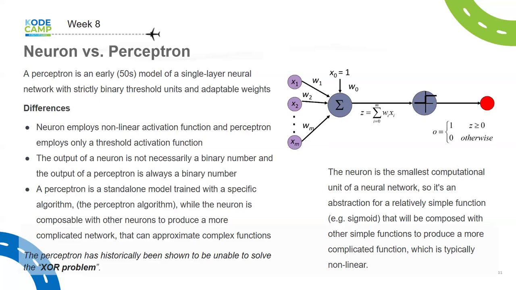It was difficult to train the model because you had to manually calculate them. So for a perceptron, a formula was derived, a fixed analytical formula that was used to train the model.